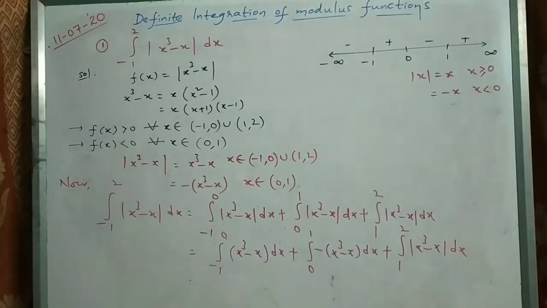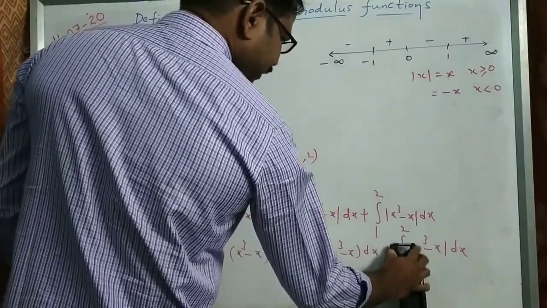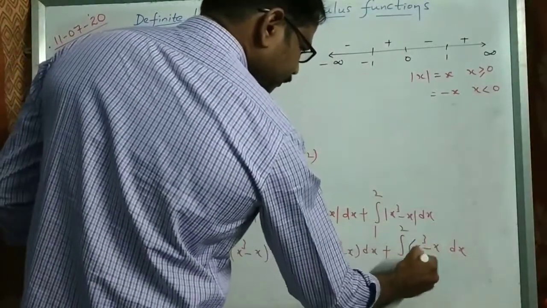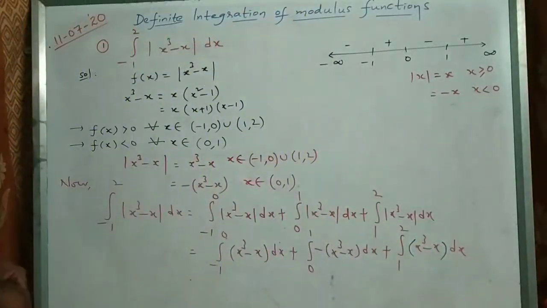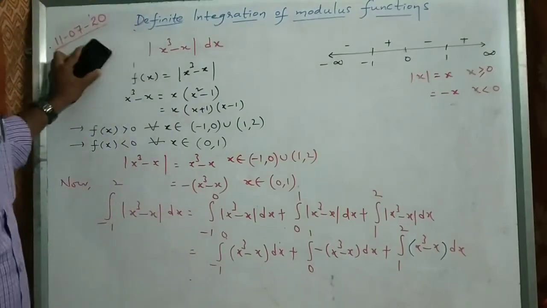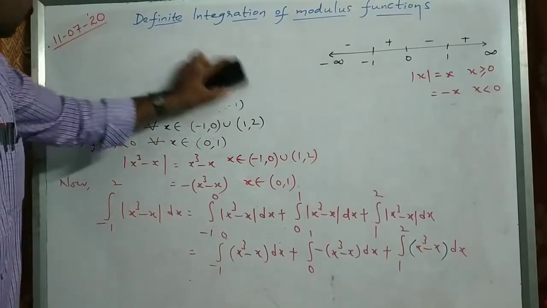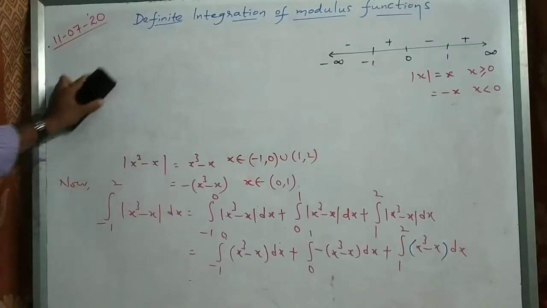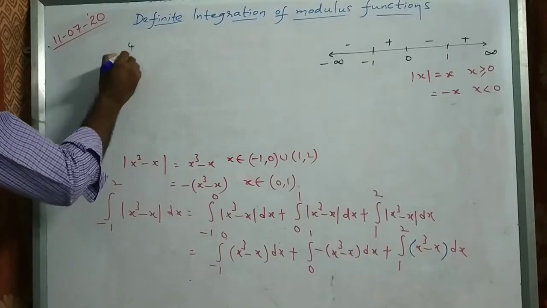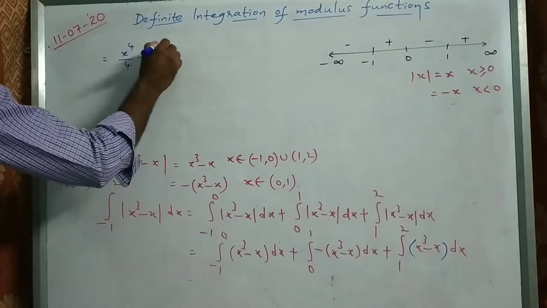Okay. Let me integrate now. Between 1 and 2 our modulus function is positive. Now I will take integration. What is the integration for x cube? x power 4 by 4 minus x square by 2.